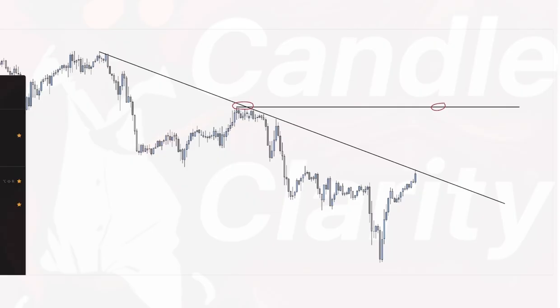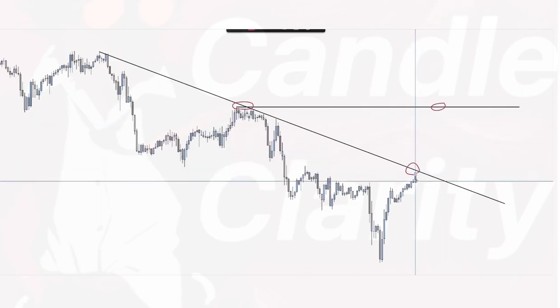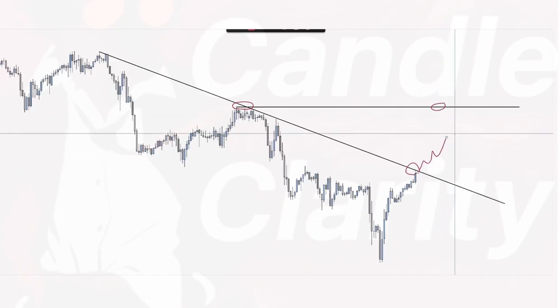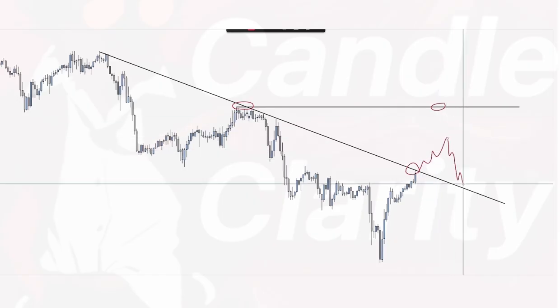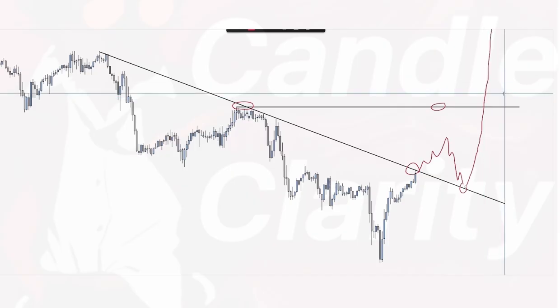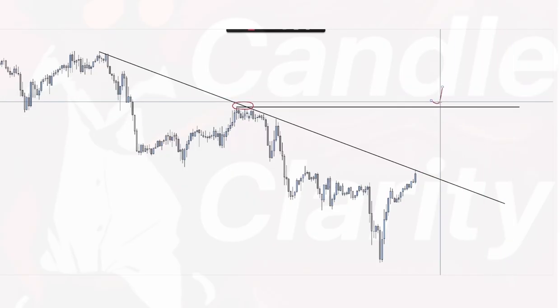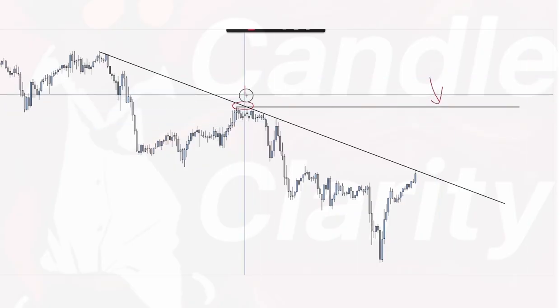The other problem is if traders are seeing this as the trend and they see a break as a change in the trend, they may end up buying a retest of this trend line, expecting the market to go higher, when realistically, as we now know, the market is still bearish under this high here.